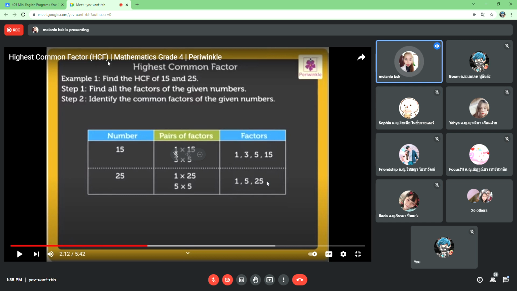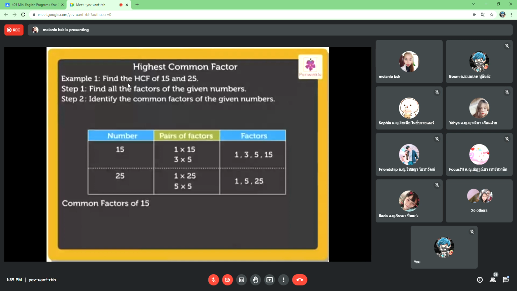What do they have in common, children? 1 and 5. So the common factors of numbers 15 and 25 are 1 and 5.